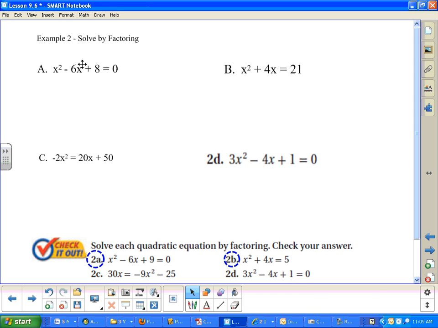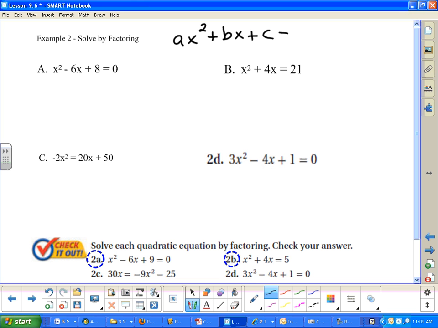So our quadratic function that we're working with, we always want it to be in this form. We want everything on either the left or the right side of the equal sign. It doesn't matter which. But if we're going to solve by factoring, we need to set it equal to 0. So that means we might need to add or subtract something to the other side.